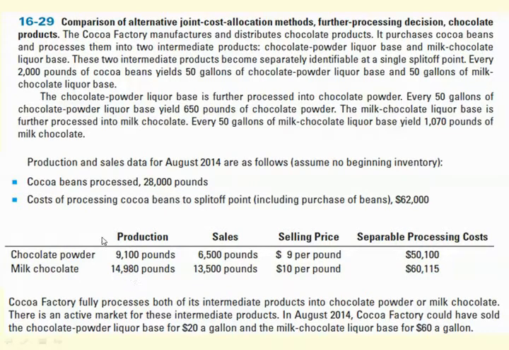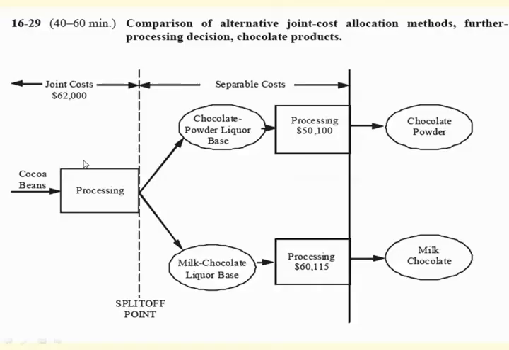Let's summarize all we said in a flowchart. Here we have cocoa beans. After processing, they result in two intermediate products. First one, chocolate powder liquor base, and number two, milk chocolate liquor base.